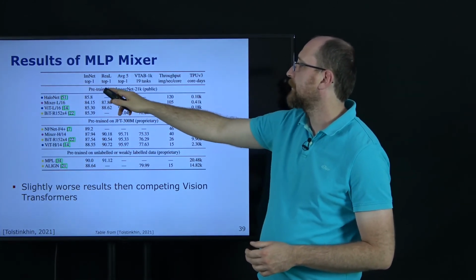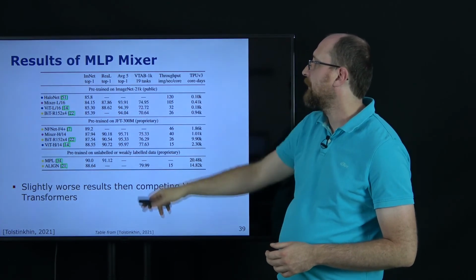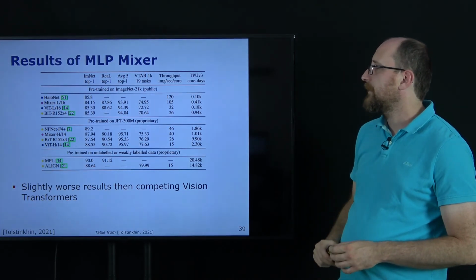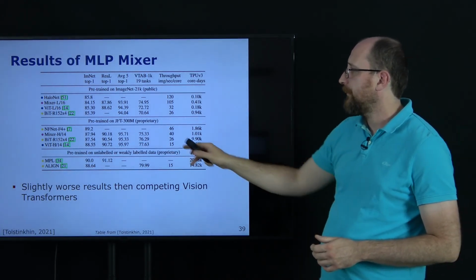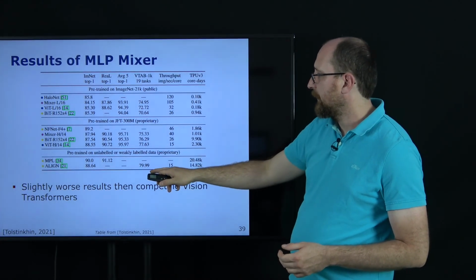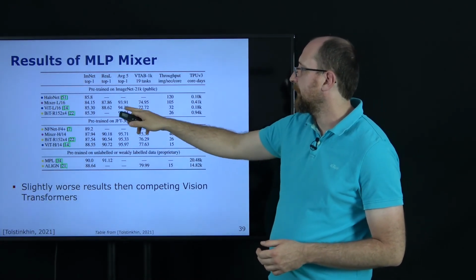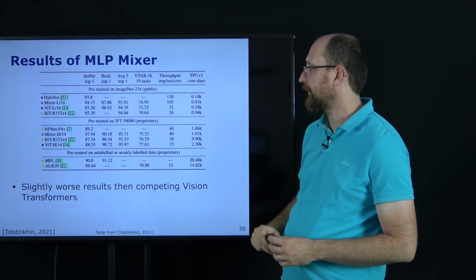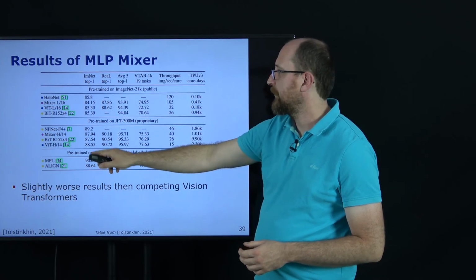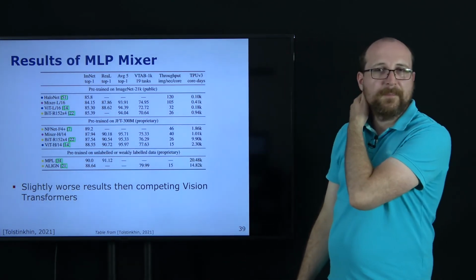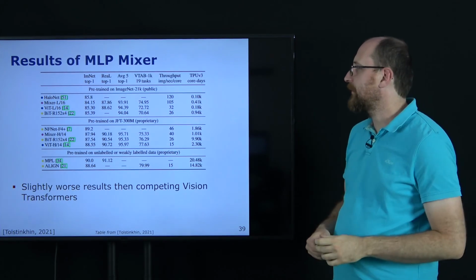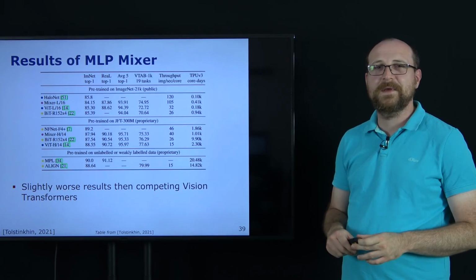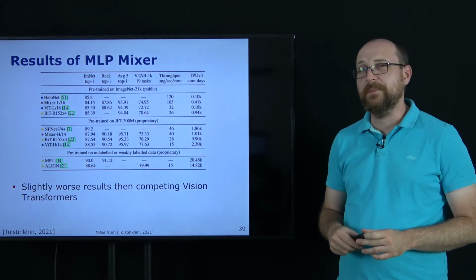Here we have ImageNet, ReaL ImageNet, and then the VTAB dataset, which is a dataset of 19 different tasks for transfer learning. And you can see that the mixer network sometimes gets slightly better results than even the vision transformer, but at least for ImageNet it's a little bit worse. But still, it is an interesting thing that we are now coming back again to multi-layer perceptrons, which I said in the beginning maybe is not the best idea.